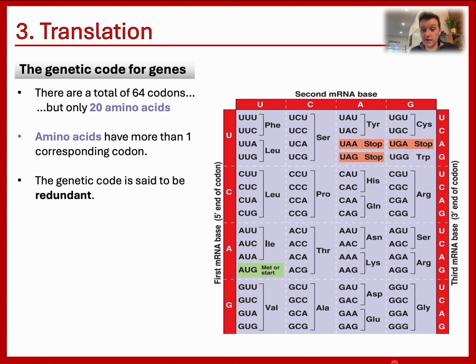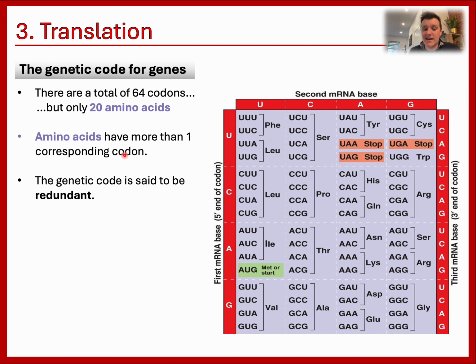You could look up any 3-letter code and you'll see that they have their little amino acid next to it. I know there are some weird abbreviations, but don't worry too much about that. So we have 64 codons, but only 20 amino acids.